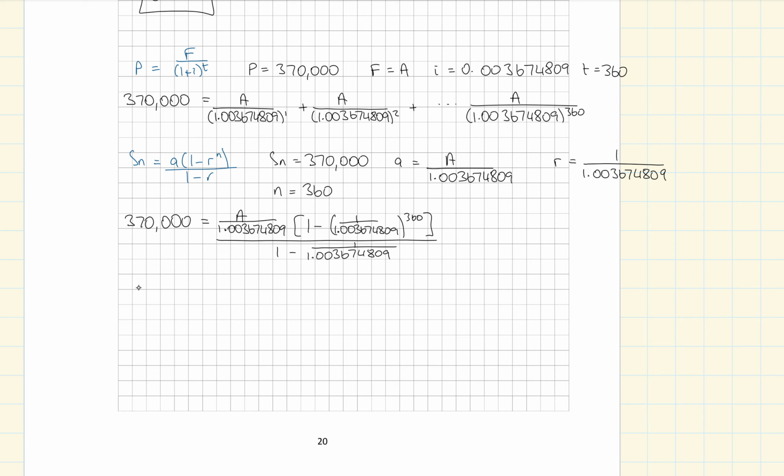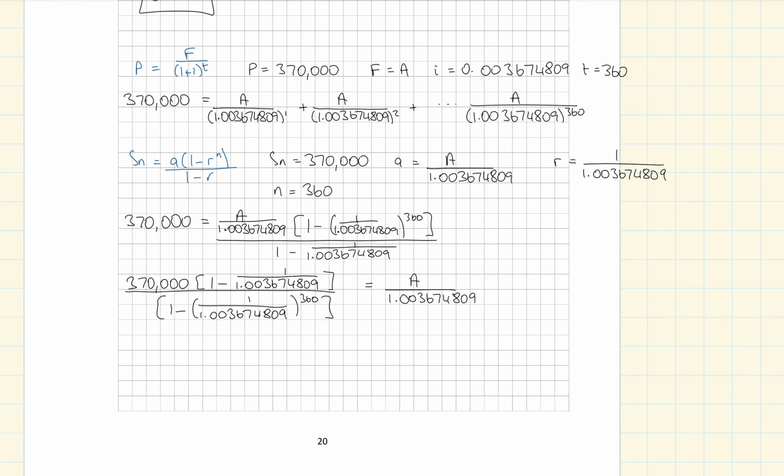Okay, so we'll cross multiply by the bottom, so that's 1 minus 1 over 1.003674809 divided by this square bracket will equal A over 1.003674809.